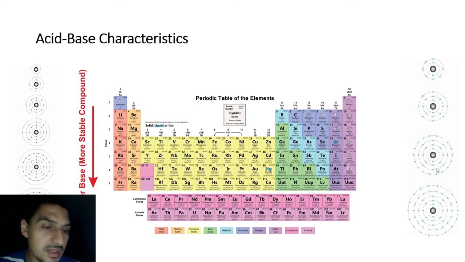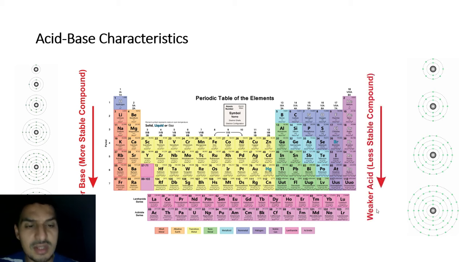So I'd expect the elements at the bottom to form weaker acids than the acids that are formed in the first row in the group.